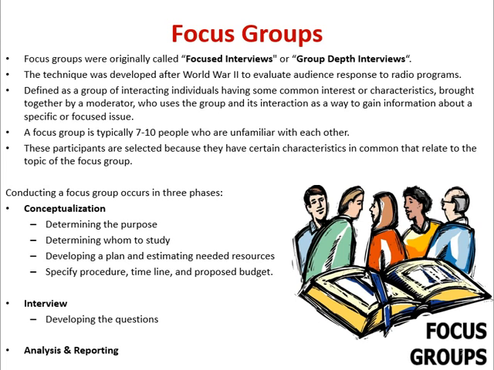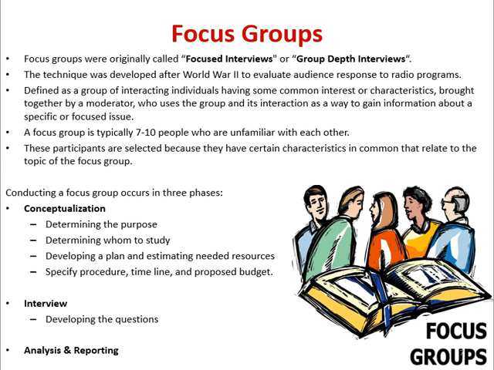This might not be possible every time, but try to keep them unfamiliar at least in terms of the topic they are discussing. These participants are selected because they have certain characteristics in common that relate to the topic of the focus group. Conducting the focus group occurs in 3 phases: conceptualization, interview, and analyzing and reporting.